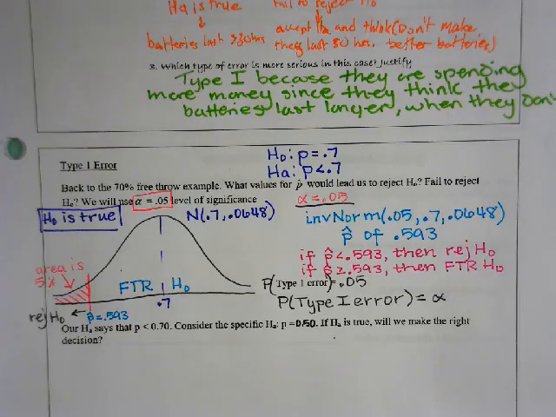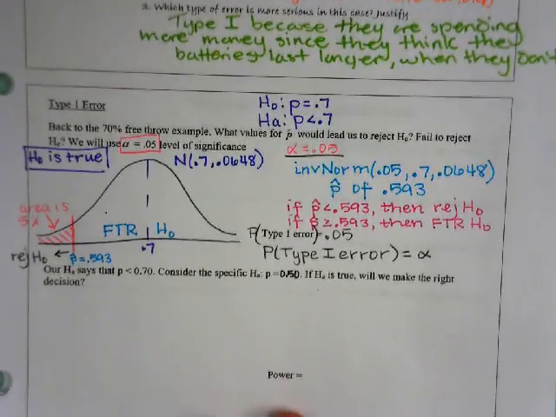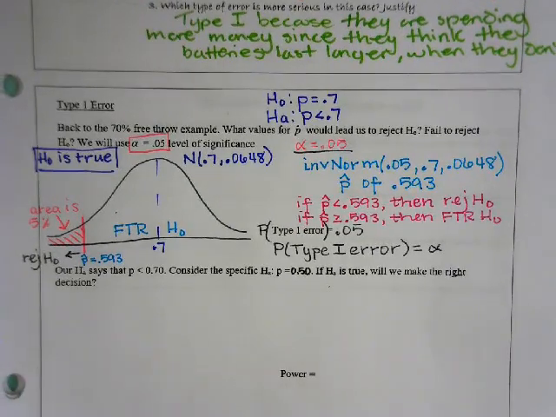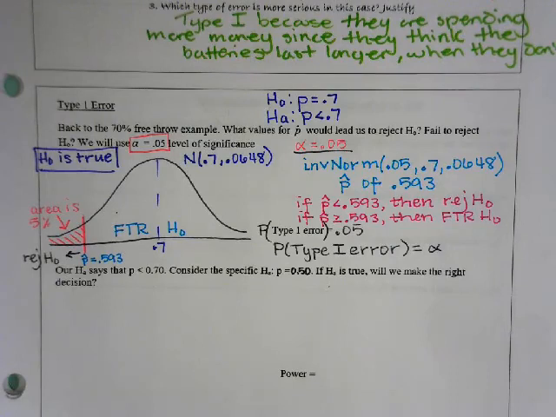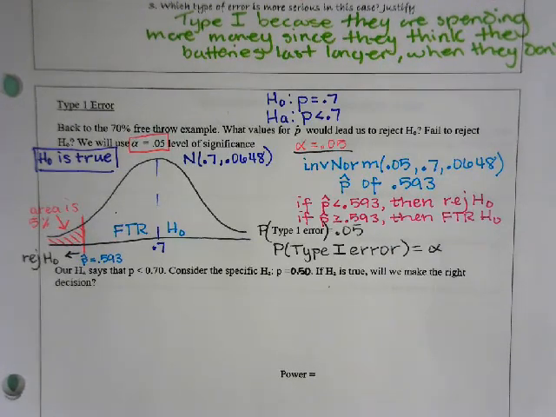All right, we're going to look at a different example. So our alternative says that p is less than 0.7, but we're going to consider a specific alternative that p is 0.5. And we're going to say if that alternative is true, will we make the right decision?